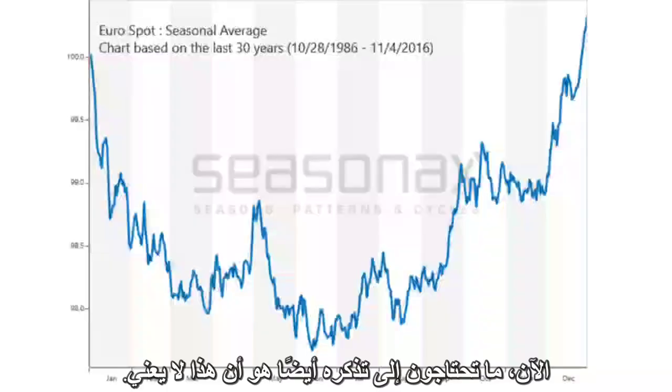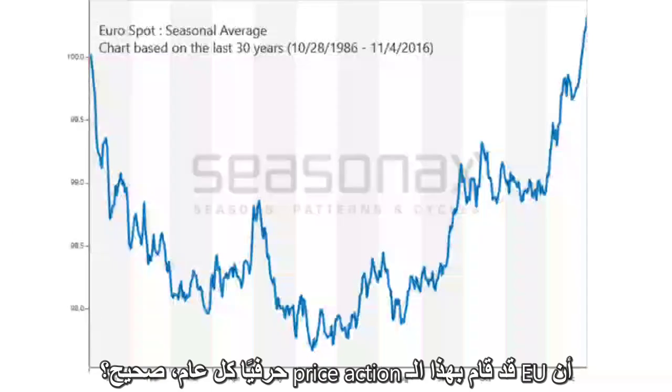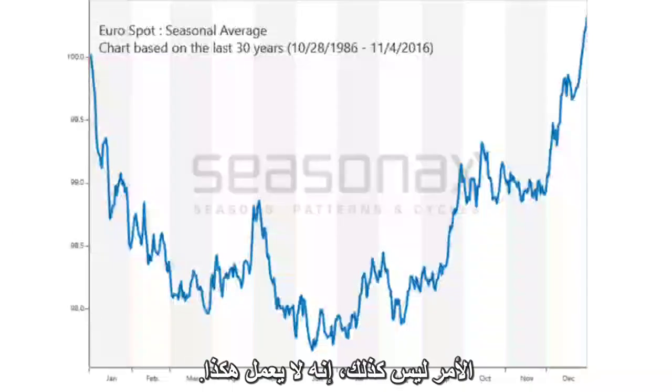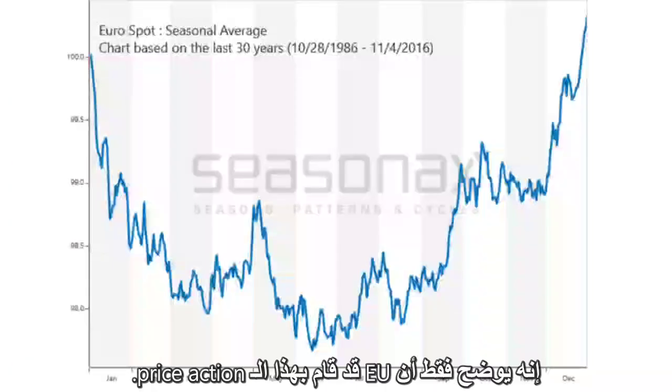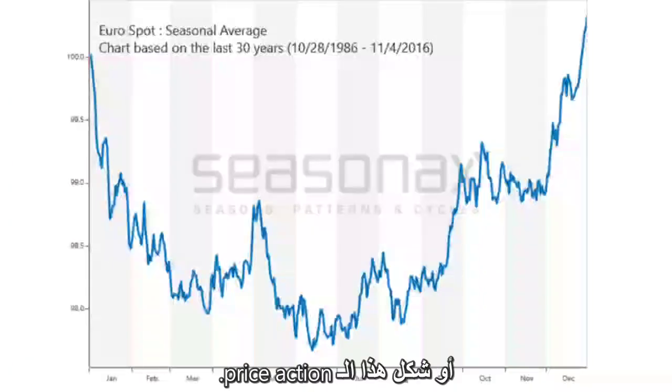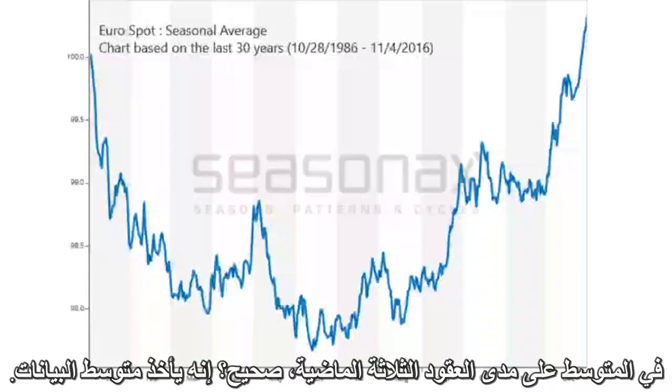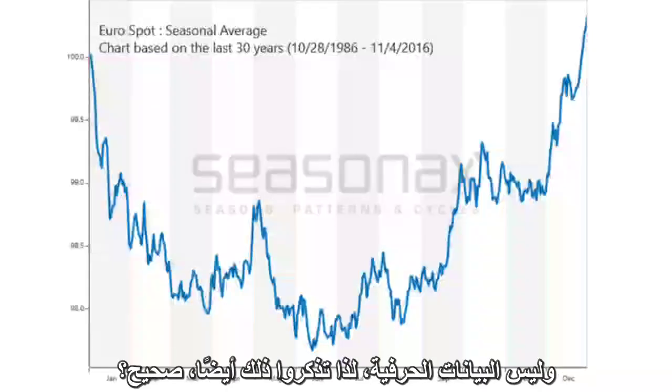Now, what you also need to remember is that it doesn't mean that EU has done this price action literally every year, right? It's not like that. It doesn't work like that. It only shows that EU has done this price action on average over the last 3 decades, right? It's taking the average of the data, not the literal data. So remember that too, right?